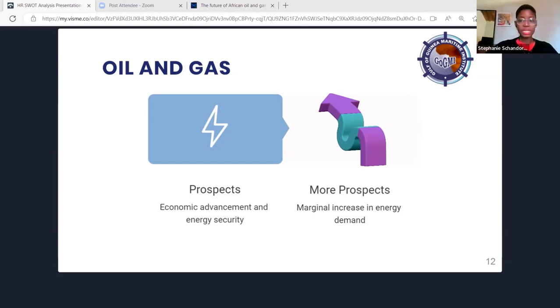So just summing it up, we need to think about sustainability in terms of the environment, and we also need to think about sustainability of the benefits, right, to future generations, because this is a finite resource that we are talking about.